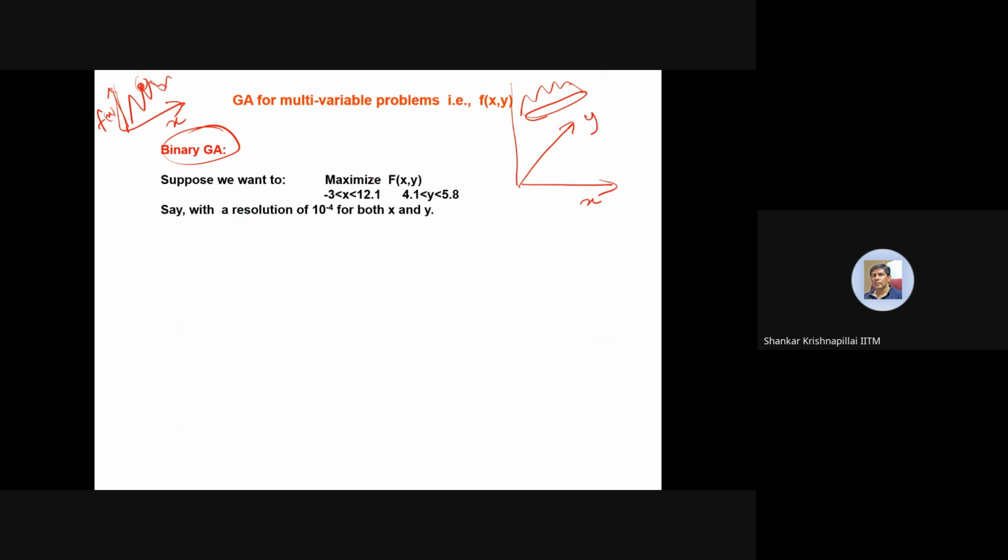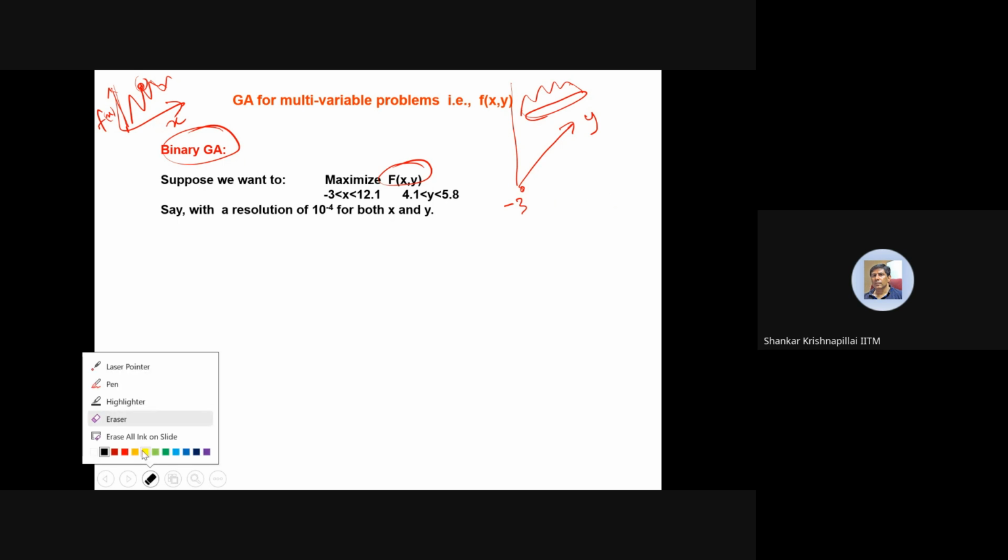Okay, suppose we want to maximize F of xy. So X is varying from -3 to 12.1, and Y is varying from 4.1 to 5.8.